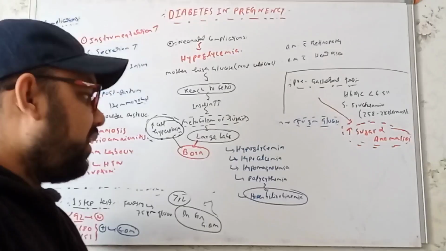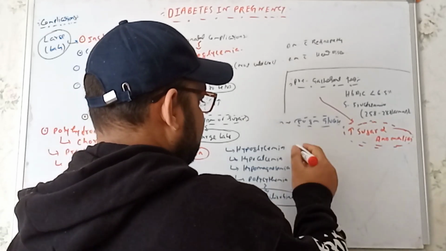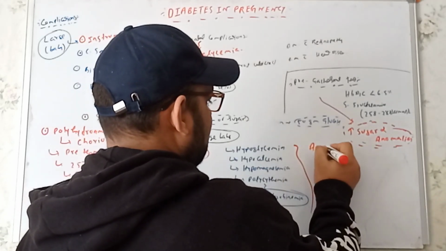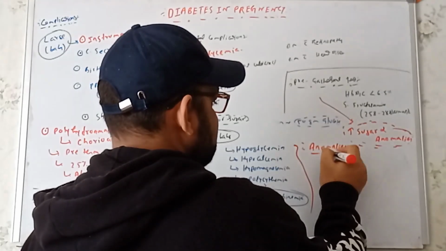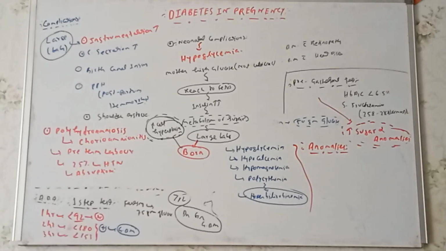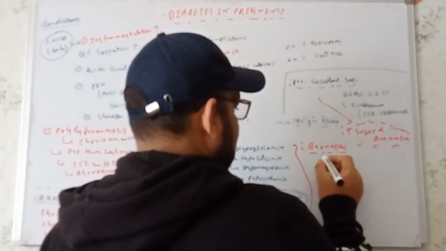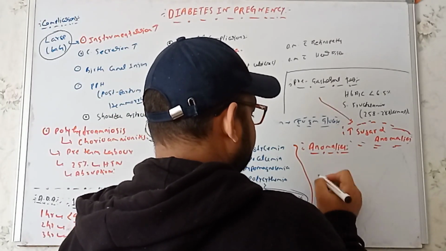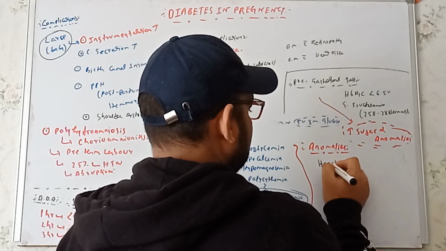Now, other complications in terms of the congenital anomalies. What other things can we get over here? Okay, let's talk about those things. In terms of the congenital anomalies, we can see problems in the heart.